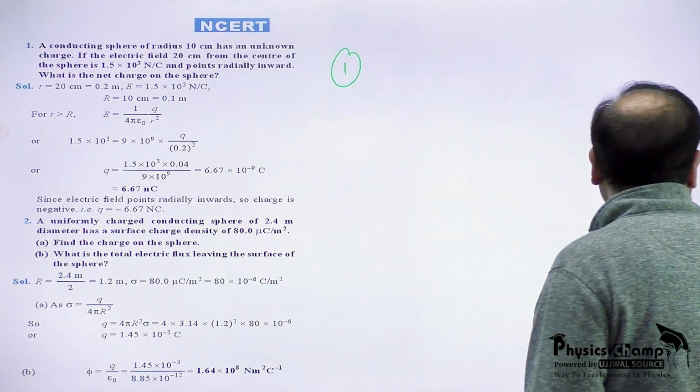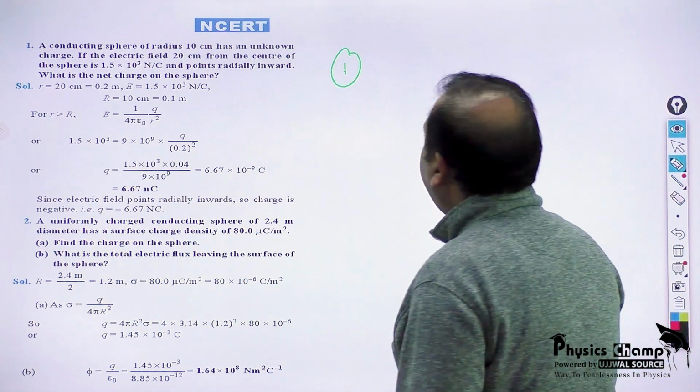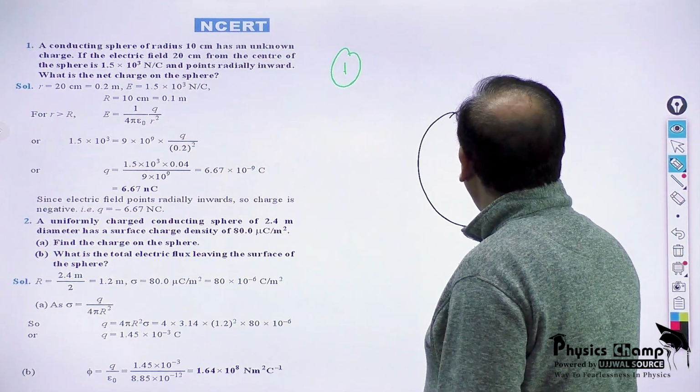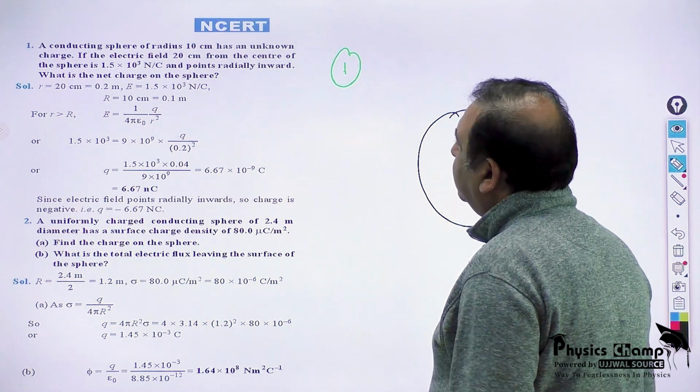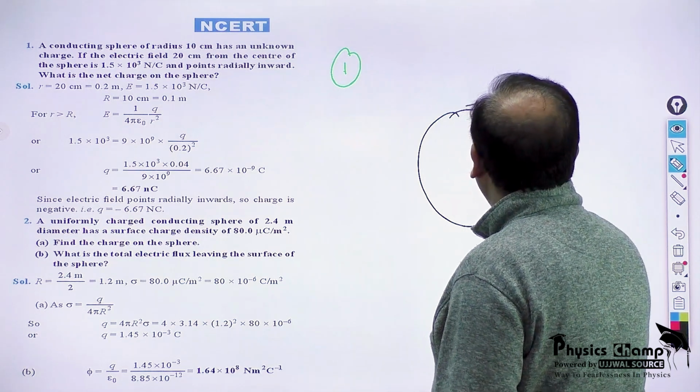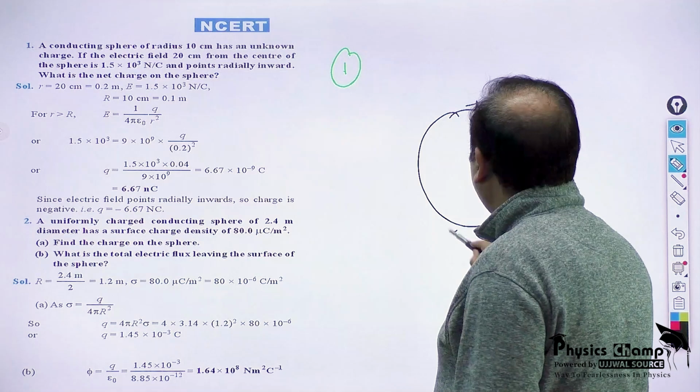there is a conducting sphere of radius 10 centimeter. So you have a sphere which has a radius 10 centimeter, has unknown charge on it. We don't know how much is the charge on it.